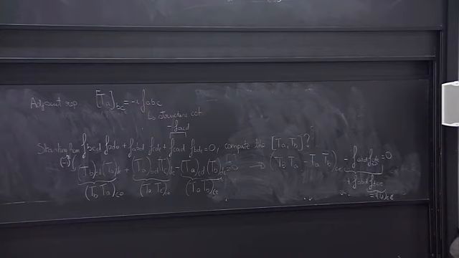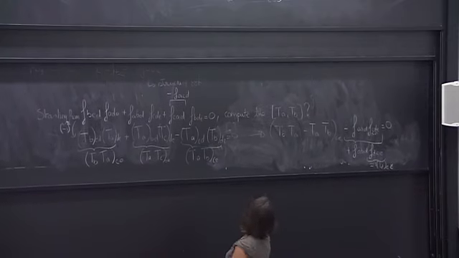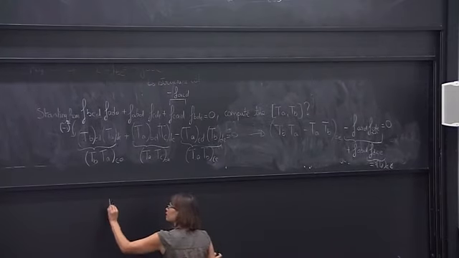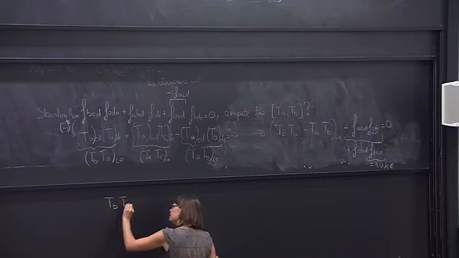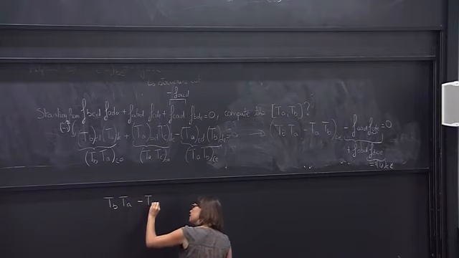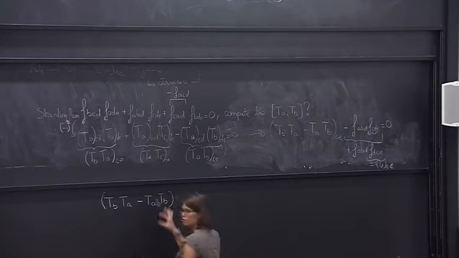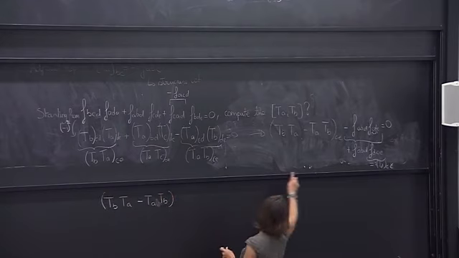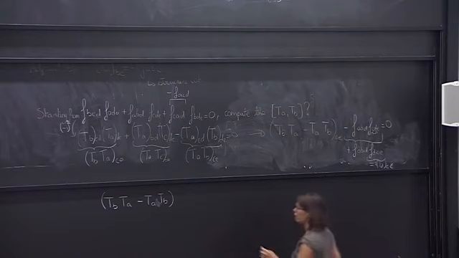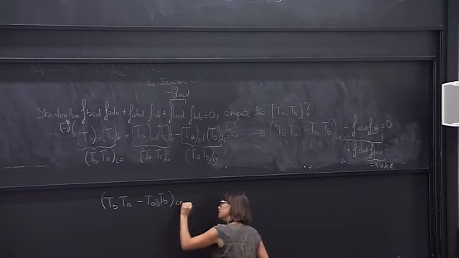Okay? So now, what do I have? Sorry if it's a bit slow. What do I get? The first line is TB, TA minus TA, TB. So this is just a matrix, and I'm looking at the coefficient at the entry CE.